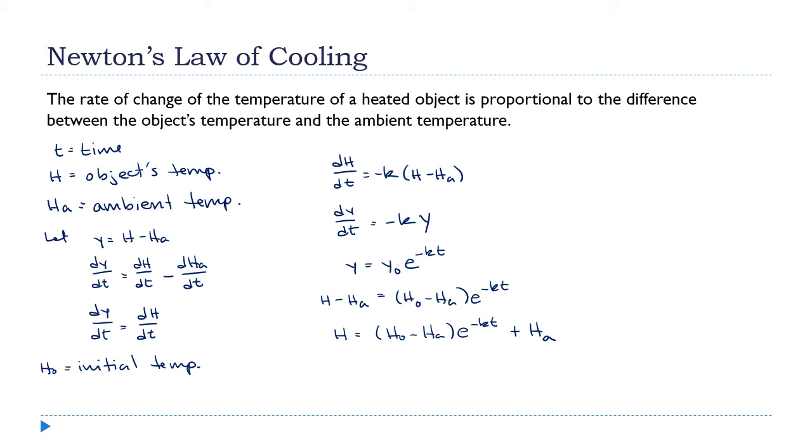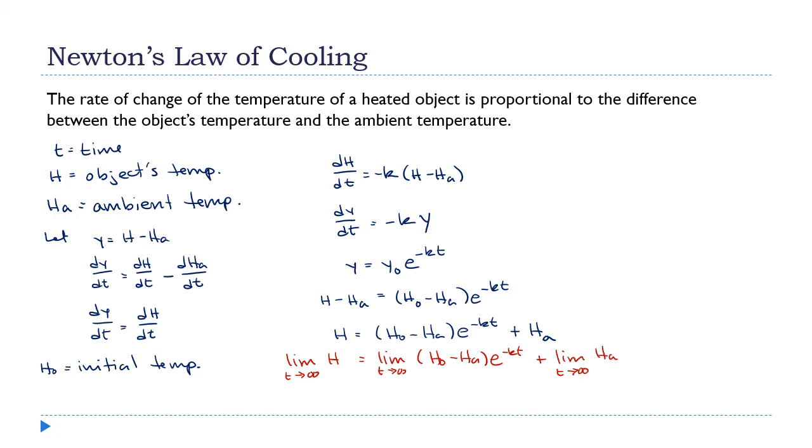Let's say we take the limit of both sides of this as t approaches infinity. That equals the limit as t approaches infinity of (H0 minus H_A) e to the minus kt, and I'm going to split this up, plus the limit, just applying the limit rule here, as t approaches infinity of H_A.